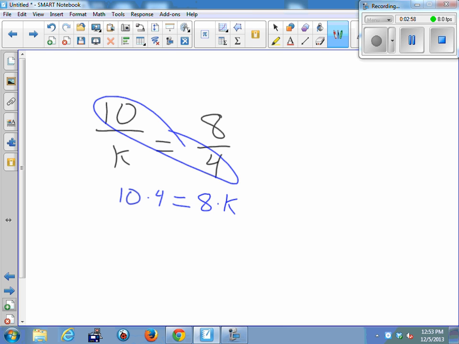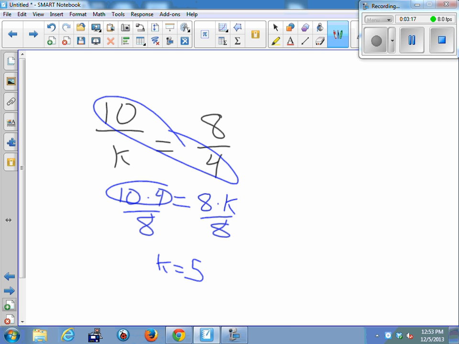And now we're just solving for k. So in this case, we're going to divide by 8. And this is 40 divided by 8, so k equals 5. Now they get more complicated than that. You guys will do a lot in class.